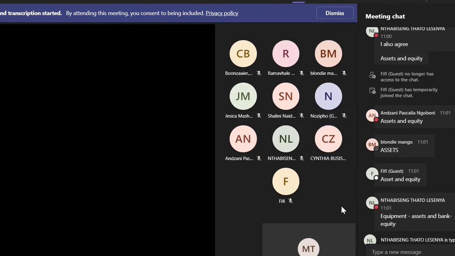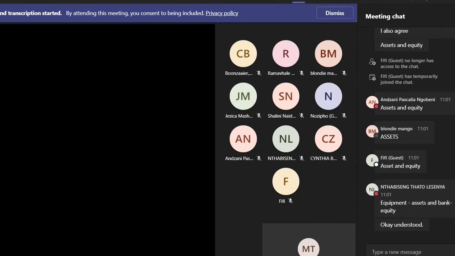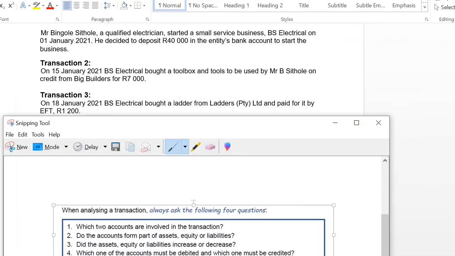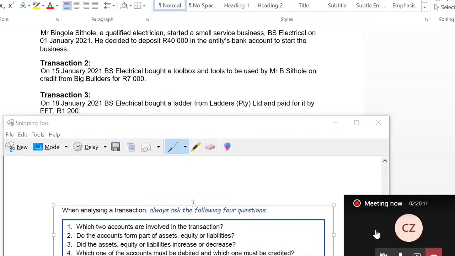The bank decreased because we paid money, and we bought a ladder, so it increases one of our assets. So number three: one asset, which is bank, is decreasing, and the ladder, office equipment, is increasing. Number four, which one of the accounts must be debited, which one must be credited?